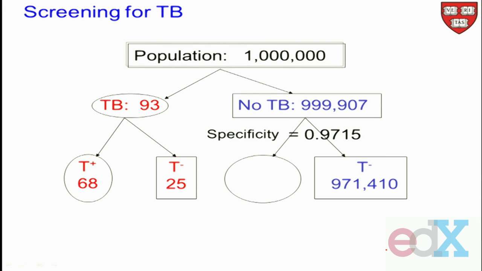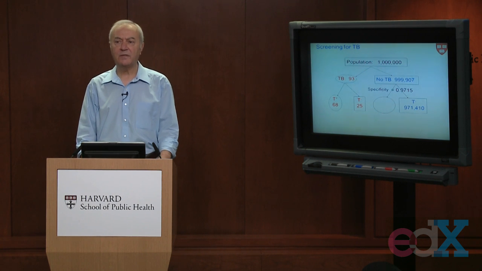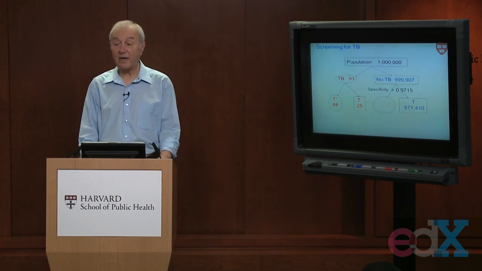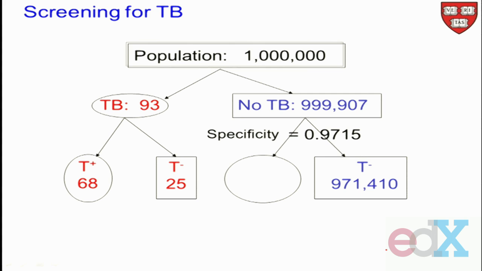And in this case the answer is 971,410. It's not bad. We missed out on about 3% of the people. But unfortunately, it's 3% of a huge number. So that means 28,497 will test positive who shouldn't test positive. The false positives is very high.